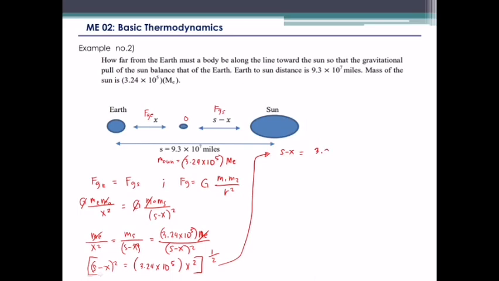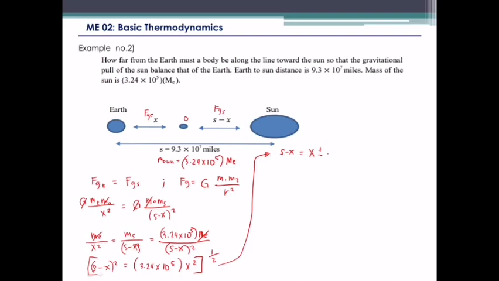3.24 times 10 to the power 5, sorry. Once again. We have x. Since it is a square root, it has plus and minus, right?